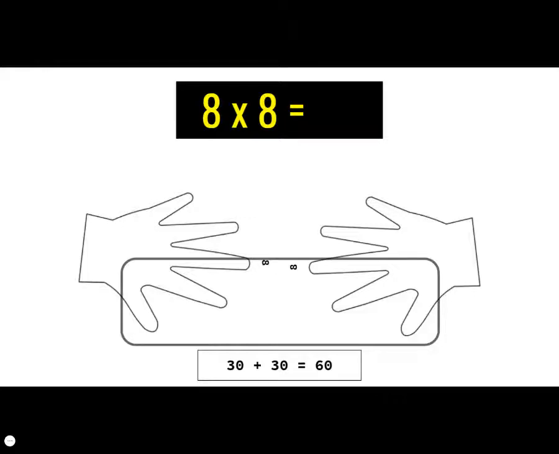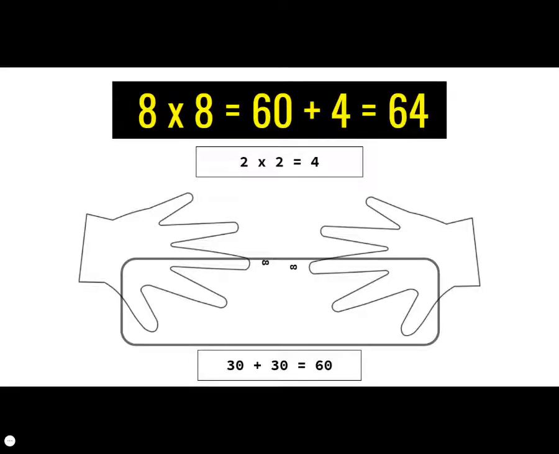So the fingers above, we're going to multiply one side to the next. So we have 2 on one hand times 2 on the other hand, and that gives us 4. Okay, so now we're going to add 60 plus 4, and what's that? 64. If you check your multiplication times table, you will see that 64 is the answer to 8 times 8.